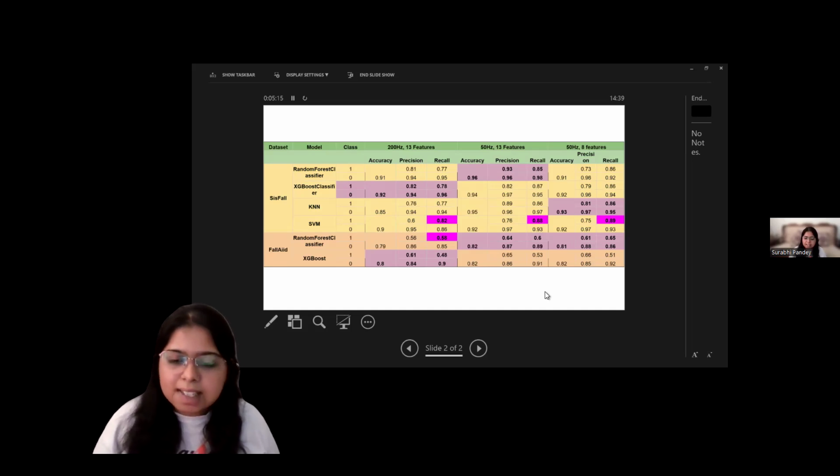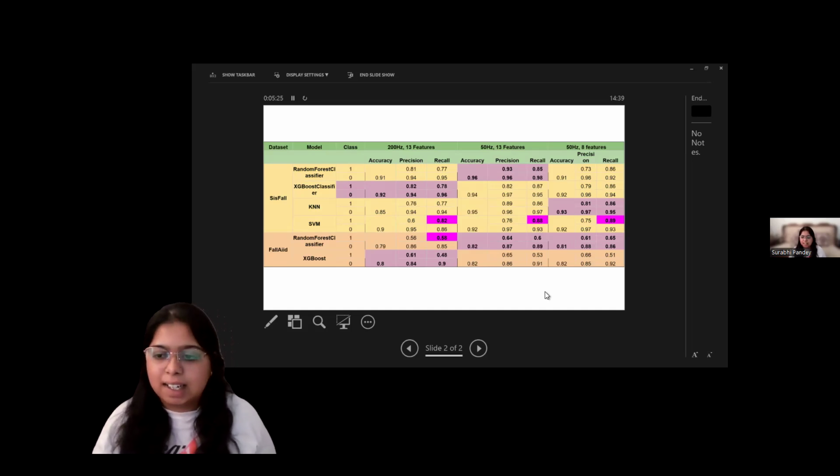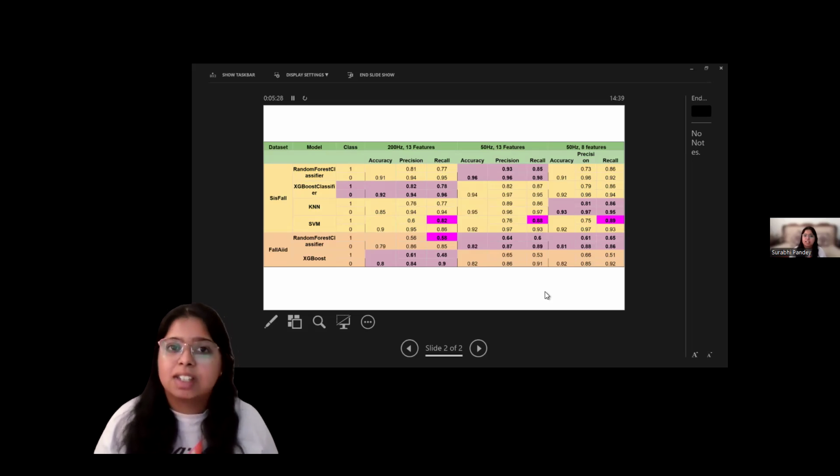So my exact pipeline of work was that I had to collect data sets and clean those data sets. I had to go through many pre-processing steps, like feature extraction and resampling of the data sets.